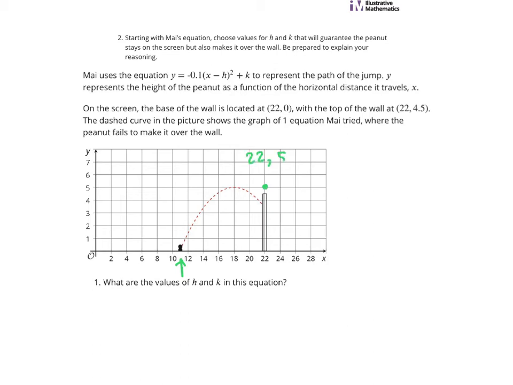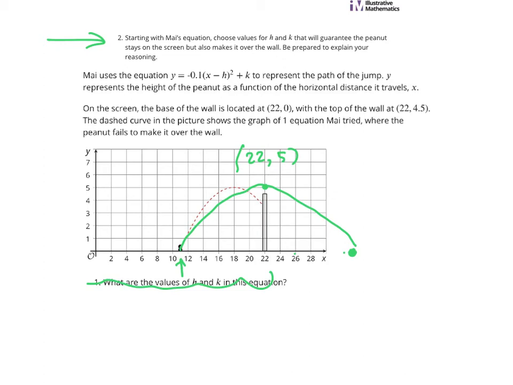Because I know symmetrically that means that if this is, let's see, 2, 4, 6, 8, 10, 11, that's going to be where it ends. So it's going to go up and over. So my vertex needs to be at 22, 5. Sorry, we don't need this.